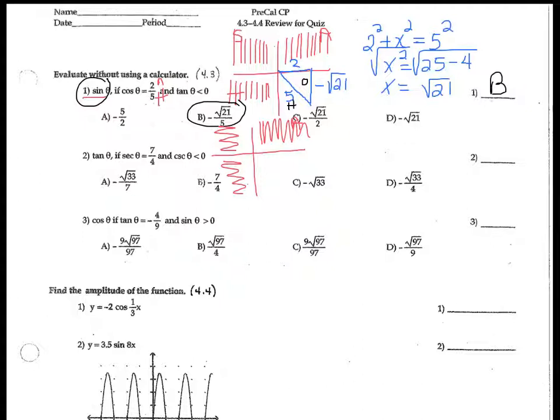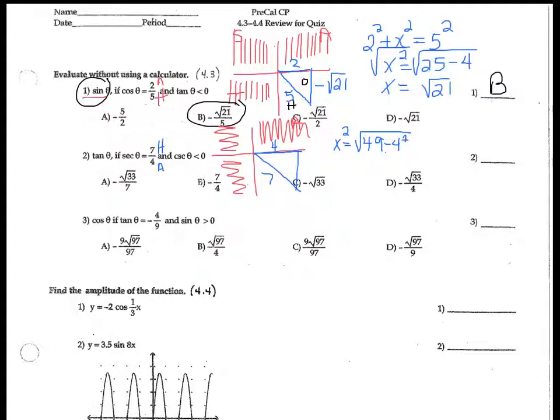And we have secant, which is the inverse of cosine. Cosine is adjacent over hypotenuse. So the adjacent is 4. The hypotenuse is 7. And one more time, we use the Pythagorean theorem. So the missing side is going to be x squared equals 49, because it's 7 squared, minus 4 squared, which is 16.